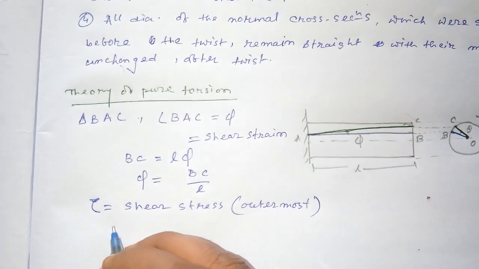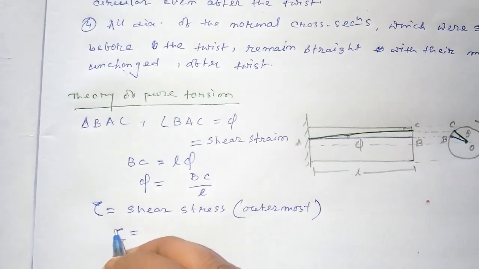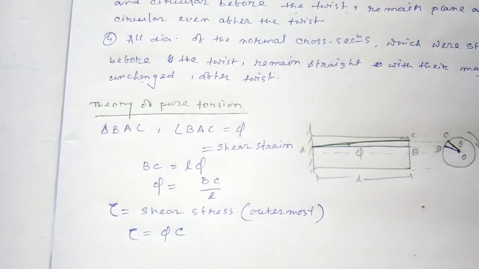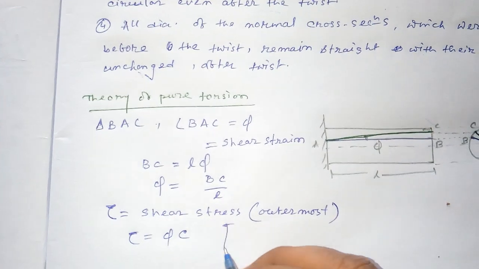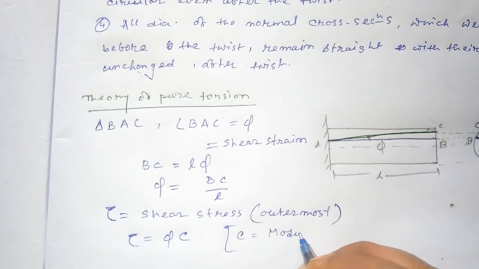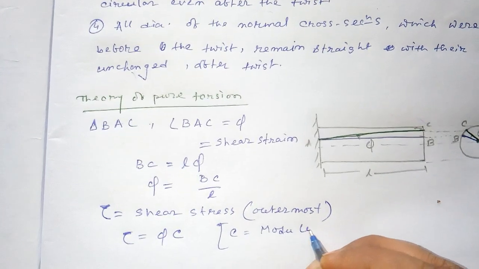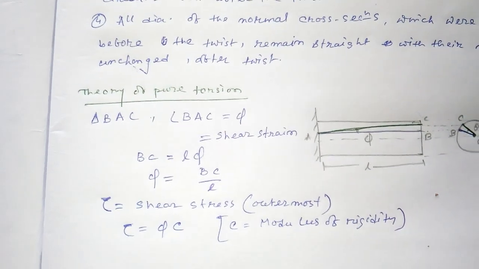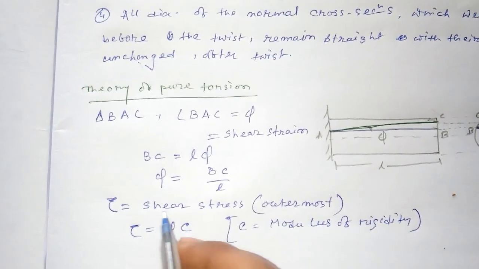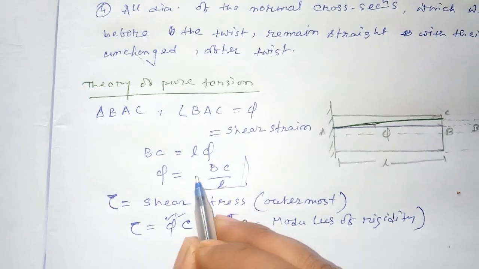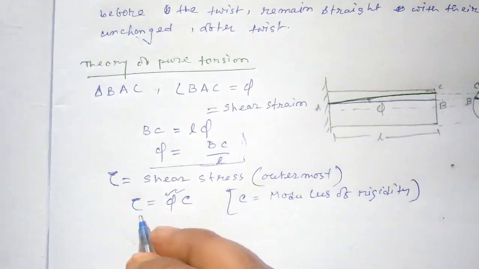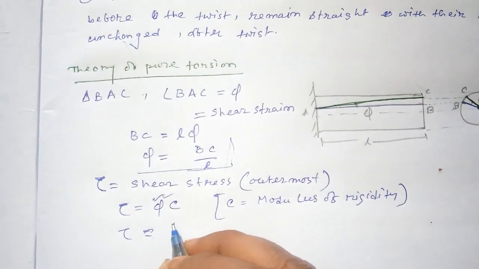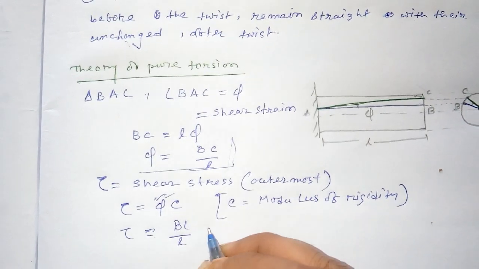Then we can say the shear stress is equal to the shear strain, which is phi, multiplied by the modulus of rigidity, C, right? Phi we have already found out. So if we replace phi with this value, we get tau is equal to BC by L into C, right?